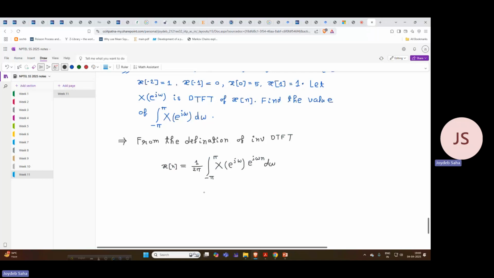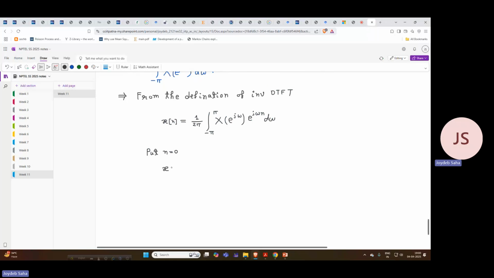Okay, put n is equal to 0, then x of 0 is equal to 1 upon 2 pi, integral from minus pi to plus pi, X of e to the power j omega d omega.